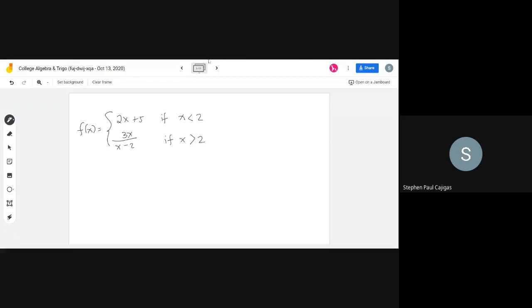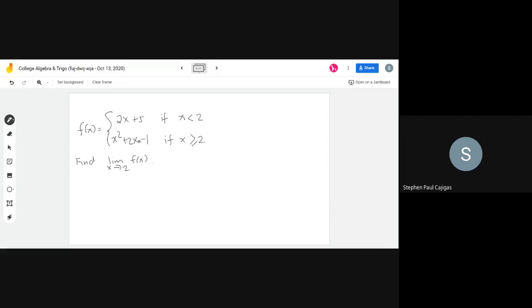Just change to something simpler. So the question here is: find the limit of f of x as x approaches 2.